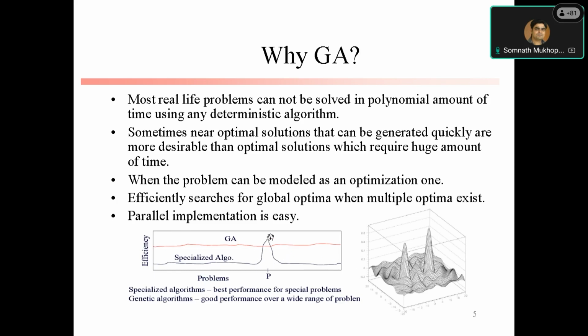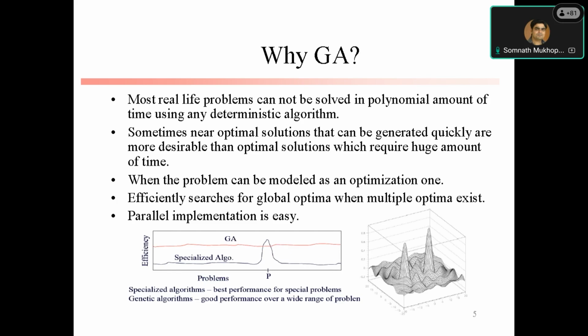For a particular problem P, the genetic algorithm has a little less efficiency, or the specialized algorithm outperforms the genetic algorithm. But over a set of problems, the genetic algorithm is performing best.